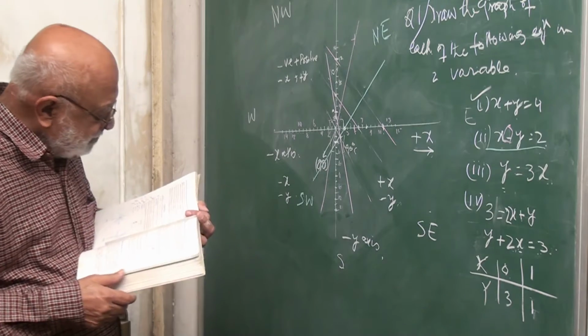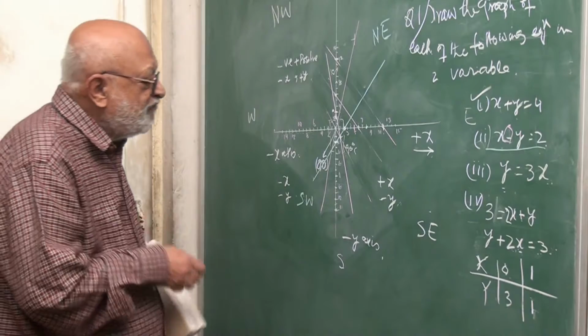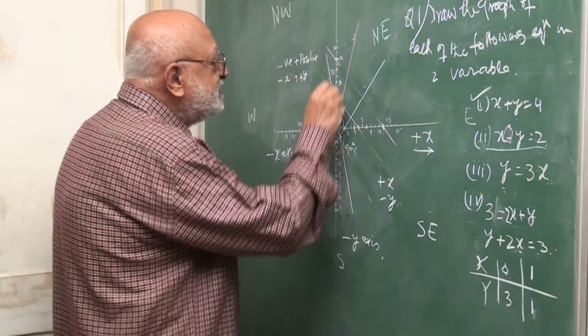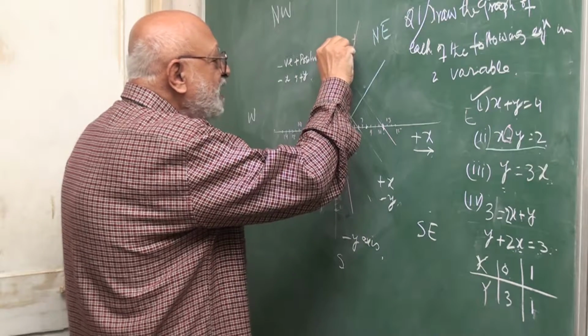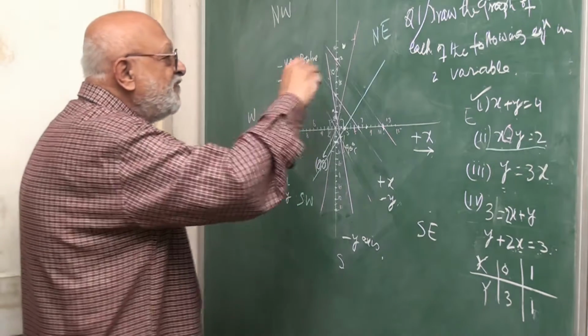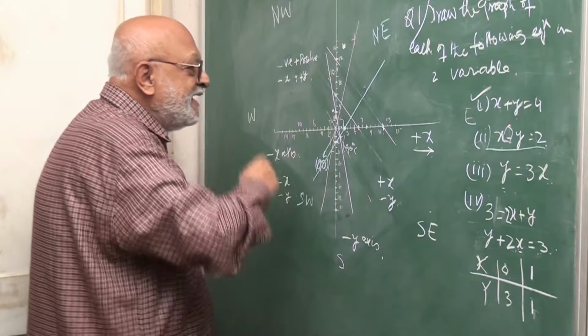Give the equations of two lines passing through (2, 14). So this is 2 and this is 14, somewhere here. How many lines can you pass through? You can pass an infinite number of lines because they have given a point. So I can take any point.